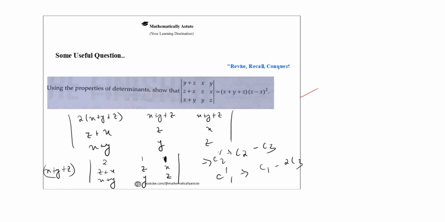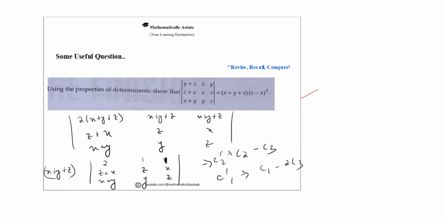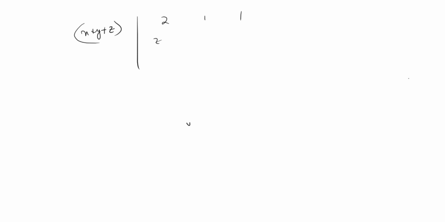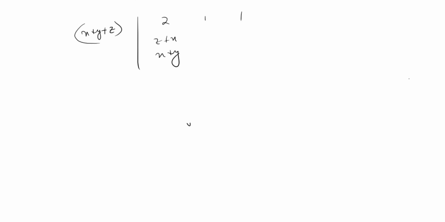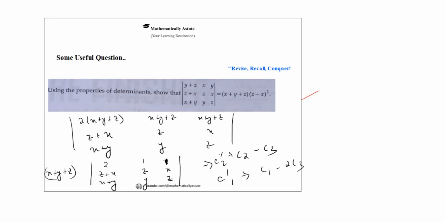Let's see what we have here. We have x plus y plus z, 2 1 1, z plus x, x plus y, z, y, x, z. On operating this, we will get c2 minus c3 as 0, z minus x and y minus z.